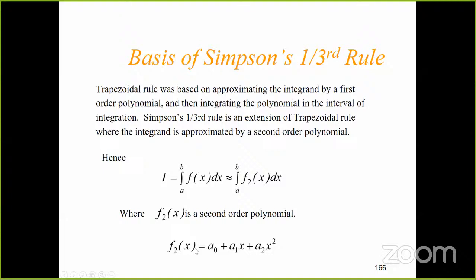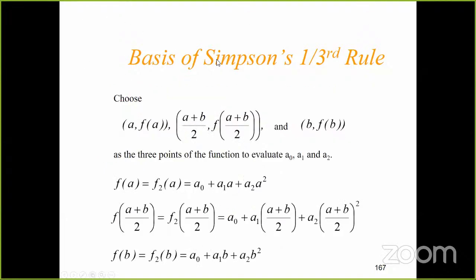Choose the basis here. We need f of a at the initial point, f of b at the final point, and a plus b by 2 as the midpoint, with the value of the function at a plus b by 2. These are the criteria: you need the value of the function at a, at b, and at the midway point a plus b by 2.